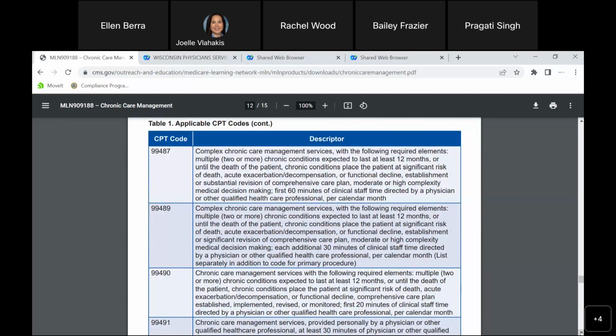So these two procedure codes, you can see right here, they are clinical staff time under the general supervision of that billing practitioner. What these two procedure codes, the basic difference between the rest of the CCM codes is the amount of time. You'll notice here that 487 is the first 60 minutes, 489 then is each additional 30 minutes. But the other thing that is part of this is that, let me see it right here.